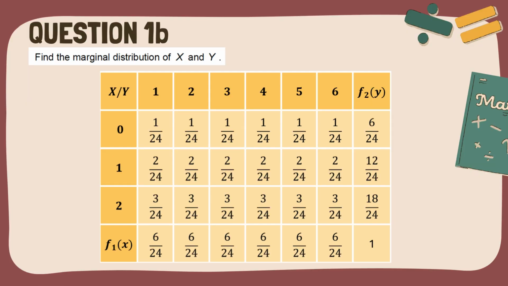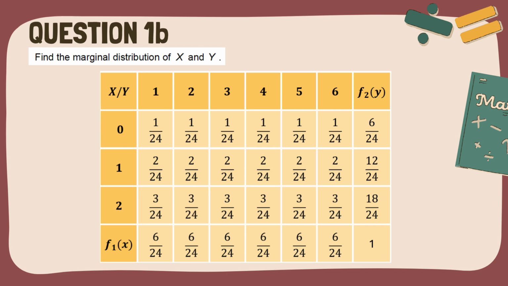The next question is question 1B. Find the marginal distribution of X and Y. We can calculate it from the table. Using this table, f1(x) refers to the sum over Y, and f2(y) refers to the sum over X. Similarly, we sum over all possible values of X for each value of Y, which will lead us to each value from 1 to 6 having equal probabilities, based on the contribution from both heads and tails.